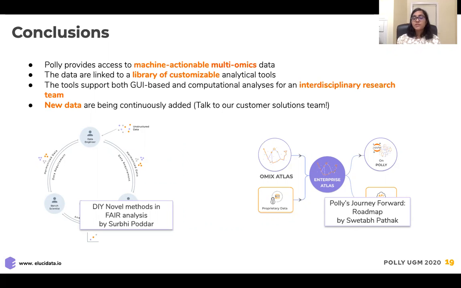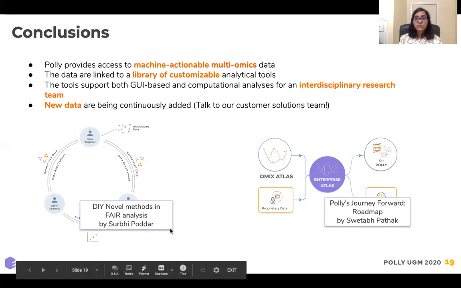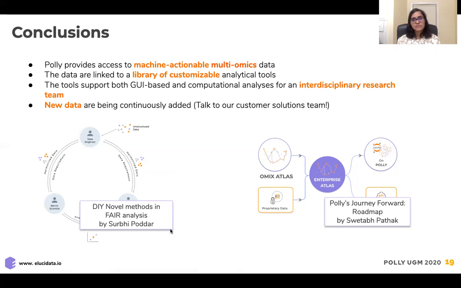Each type of data is linked to a tool that the data is compatible with, and these tools are customizable. Again, I invite you to attend a talk by my colleague Sudhi Poddar, where she will talk about how you can customize these tools, how you can add your own third-party tool or build a custom workflow on Poly.